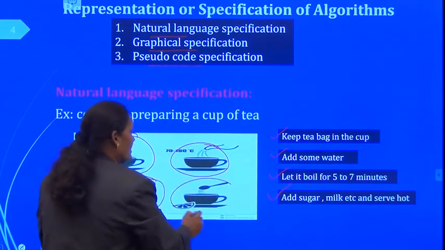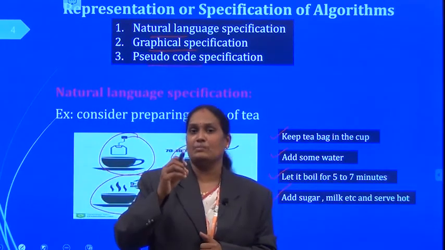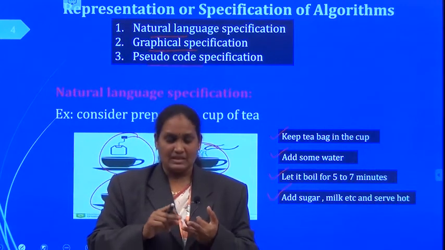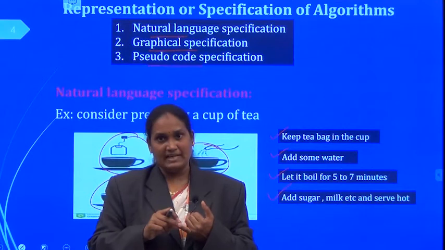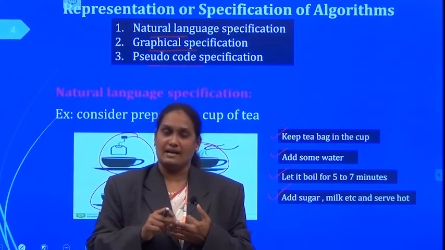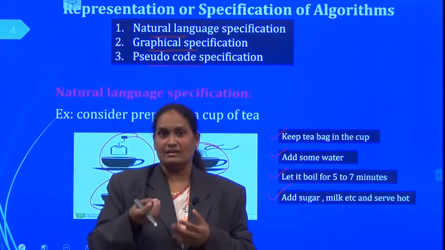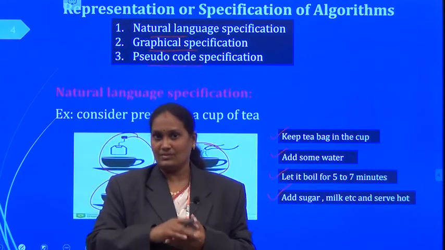and serve hot. Here, what are the 4 steps that we follow in preparing a cup of tea? Keep tea bag in the teacup, add some water, let it boil for 5 to 7 minutes. Finally, the last step is add some sugar, milk or honey or lemon, etc. and serve hot.